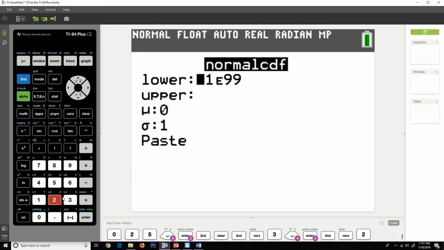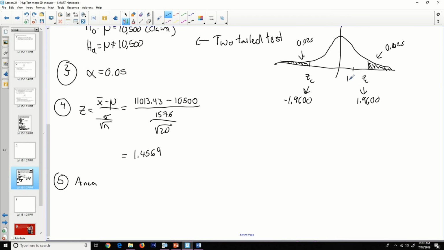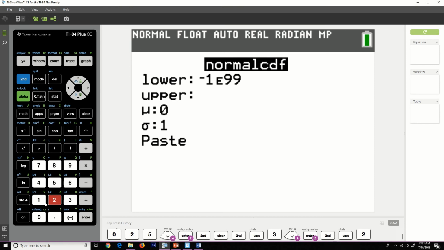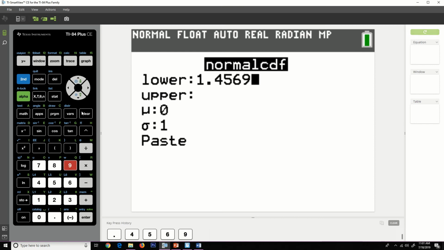This one is going to be on the right-hand side, so we start at 1.4569, the upper will be positive infinity, and 10,000 is good enough.